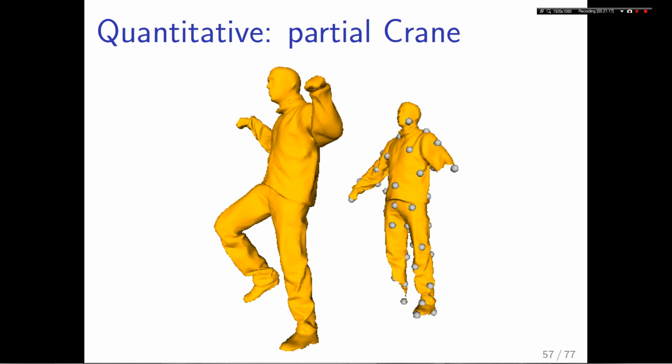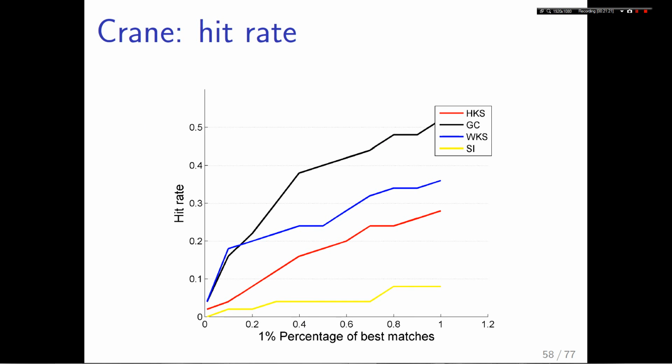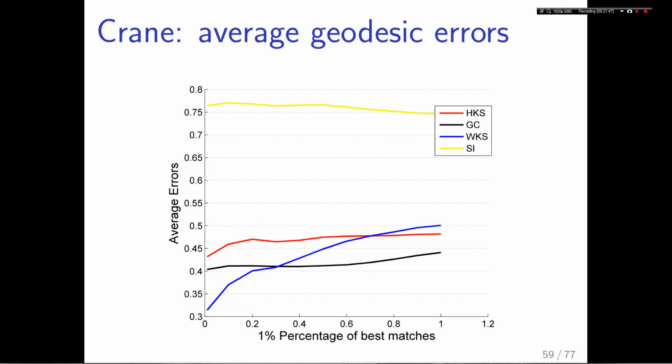You can see that the hit rate of the geodesic spin contour, GC here, is the highest. The local spin image has a low one. WKS performs a little better than the heat kernel signature, but is still inferior to geodesic spin contour. And geodesic spin contour has the smallest average geodesic errors.